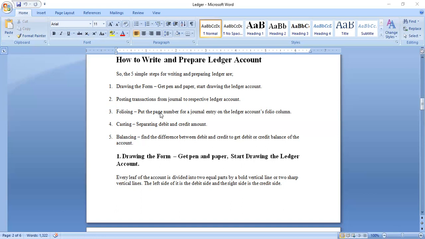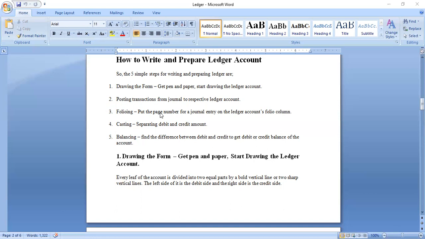Each and every party has a specific name, like capital, cash, furniture, bank balance, salaries, rent, commission, inventory, opening inventory, closing inventory, equipment, truck, investment, debenture, trade license, goodwill, etc.